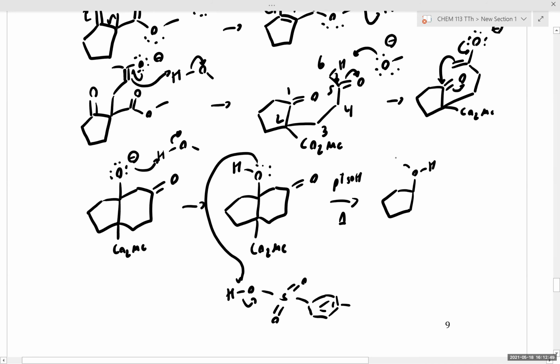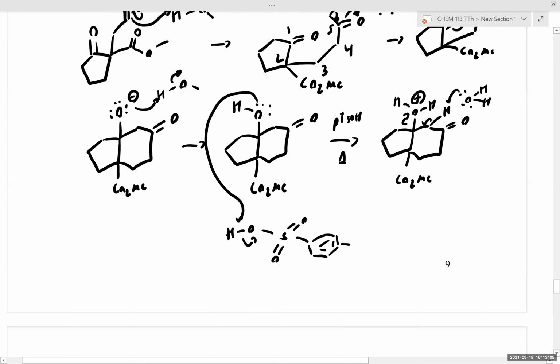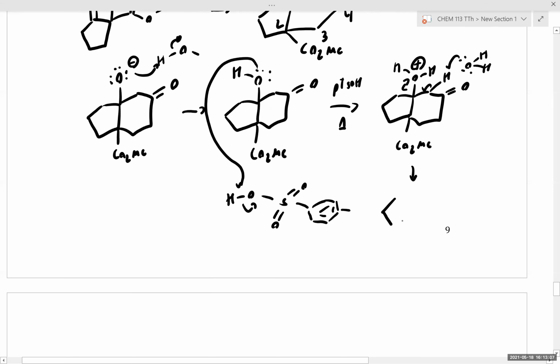We now have activated our alcohol as a leaving group. And then from here, we can just eliminate our alcohol to give our desired enone product.